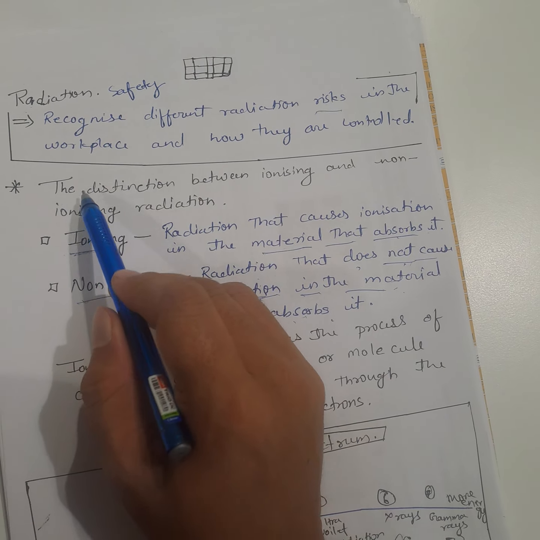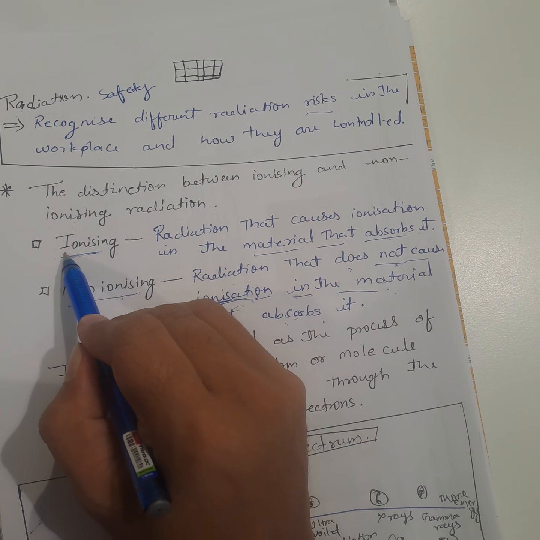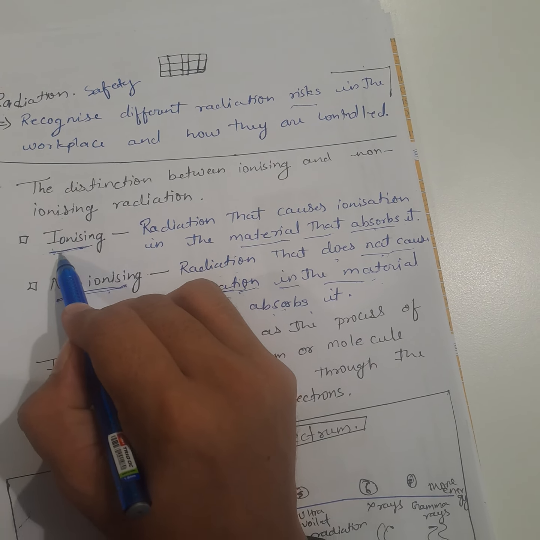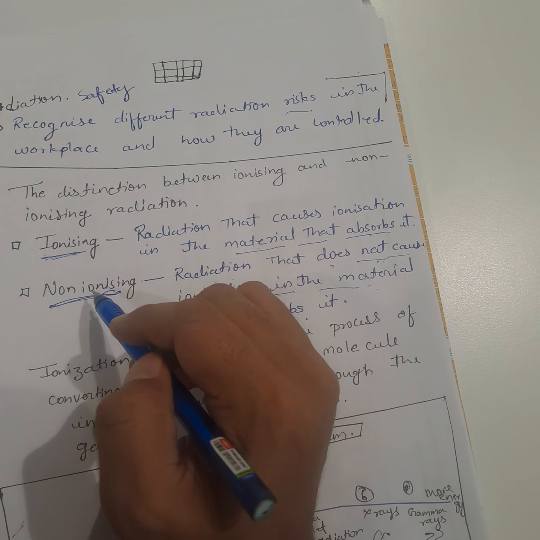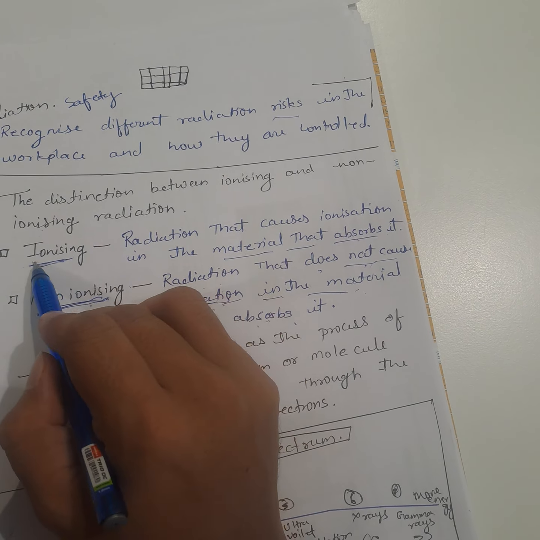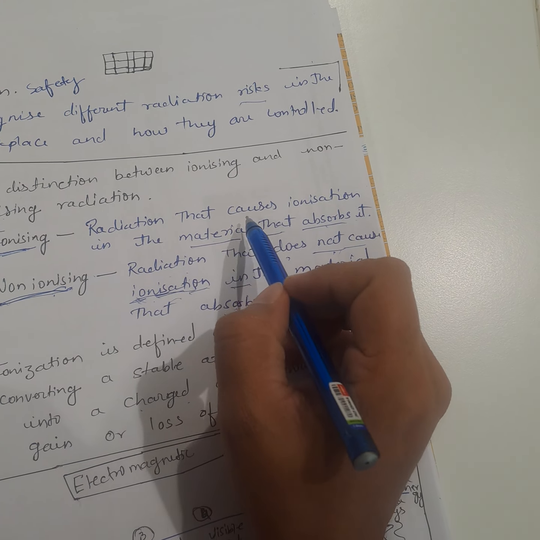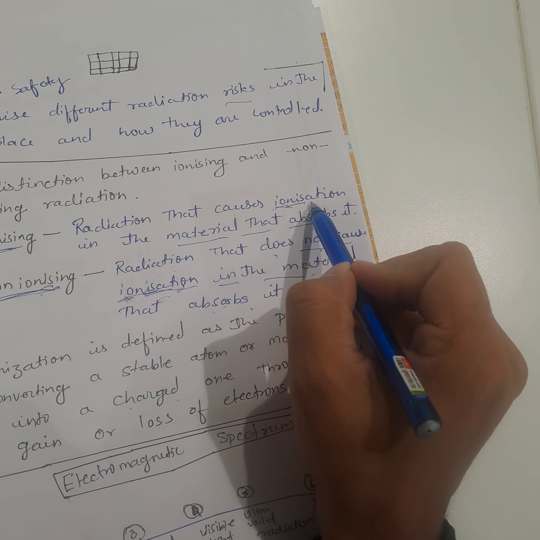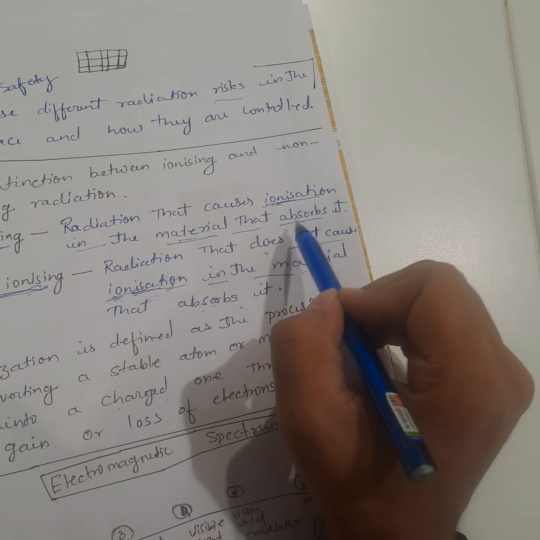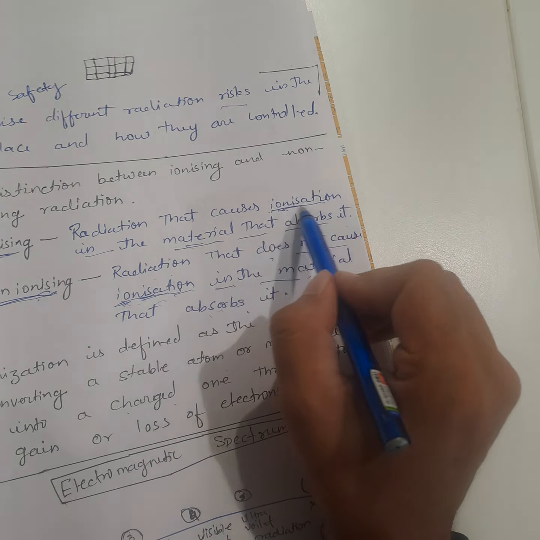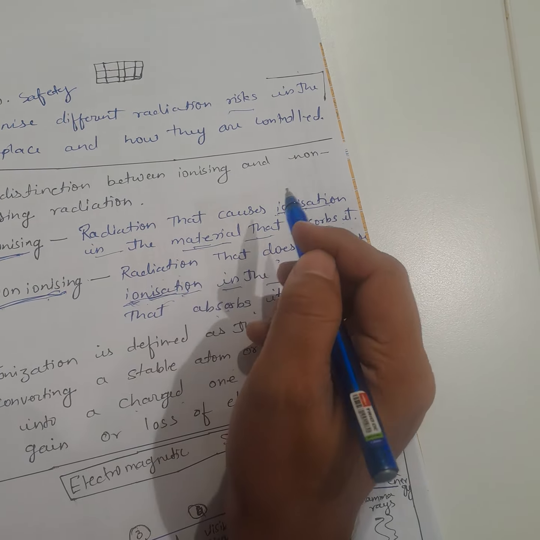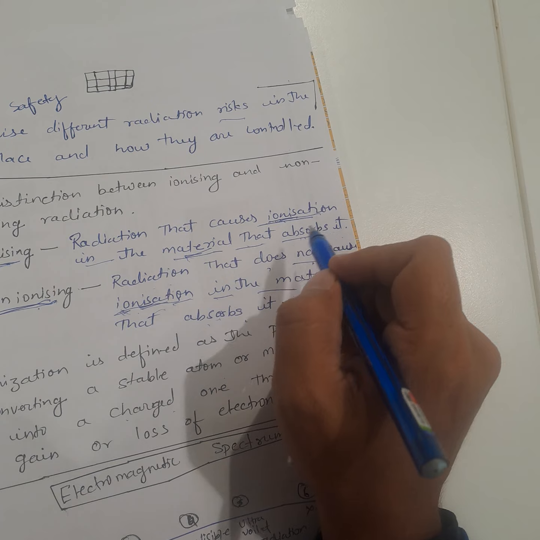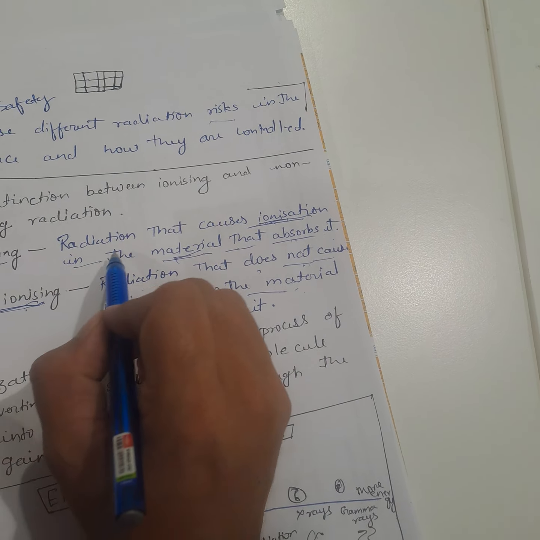So, there are only two types of radiation, ionizing and non-ionizing. So we are going to see what is non-ionizing and what is ionizing. Radiation that causes ionization in the material that absorbs it is known as ionizing radiation.